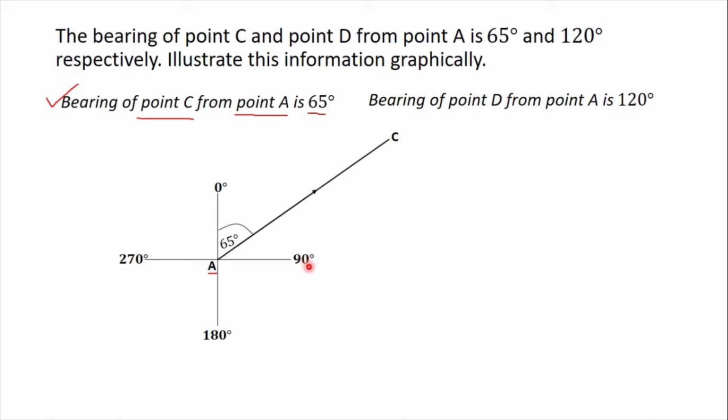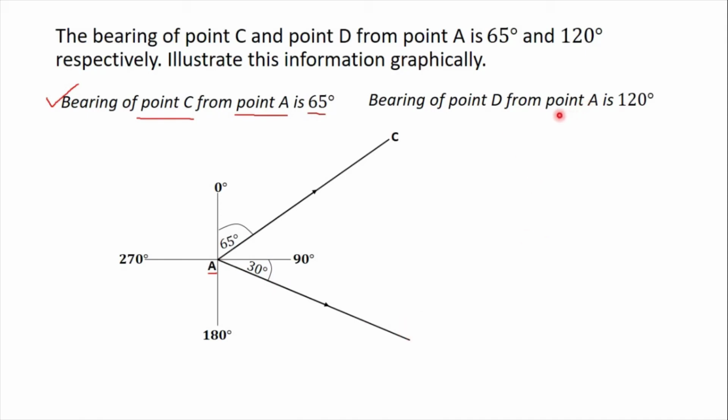We get that by subtracting 90 degrees from 120 degrees, and that gives us 30 degrees, because 30 plus 90 will give us 120. So to get the second bearing, that is the bearing of point D from point A, you measure 30 degrees from 90 degrees in the clockwise direction. Then you draw the line.